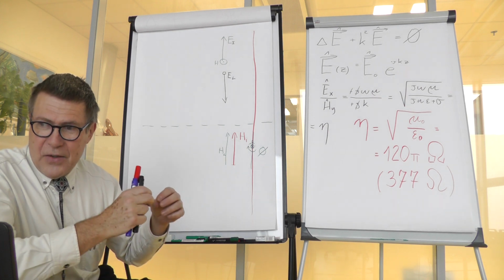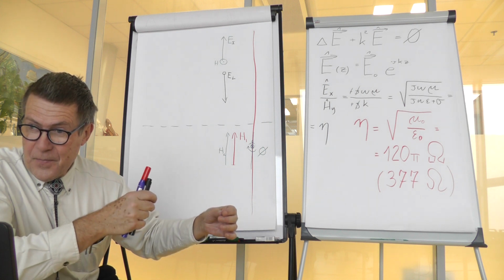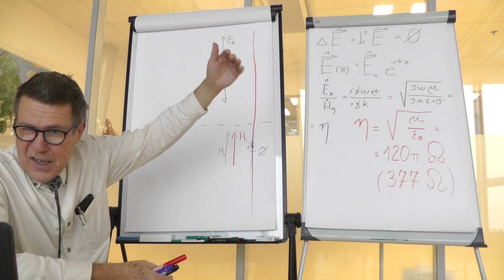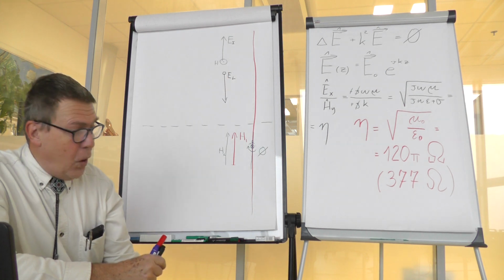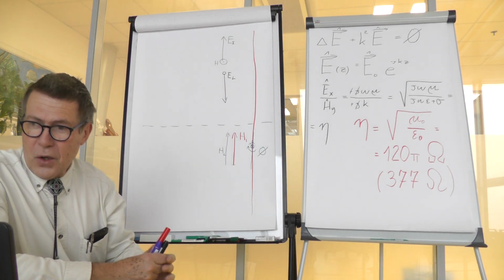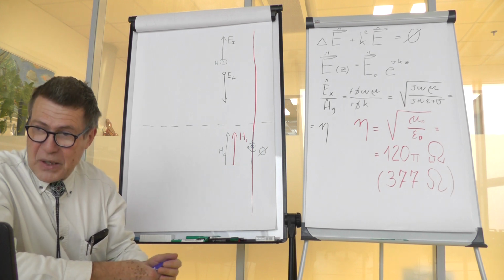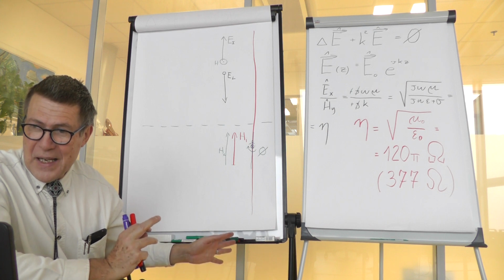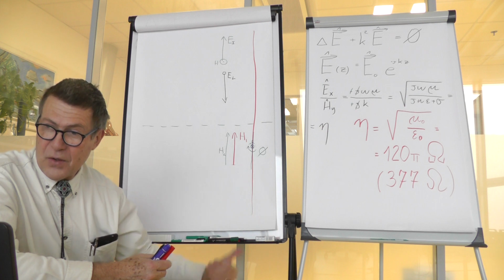So let's tell the story from the point of view of the conductor. The conductor rested in space, and all charges on the conductor have been placed equidistant because there was no force moving them, and they repel each other, those electrons, for example, in a conductor.